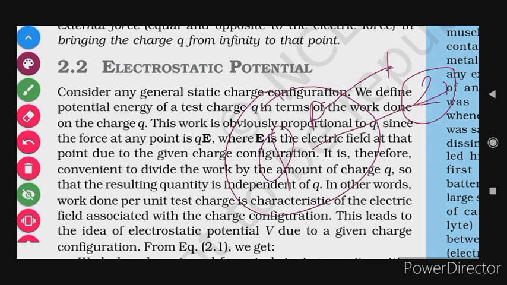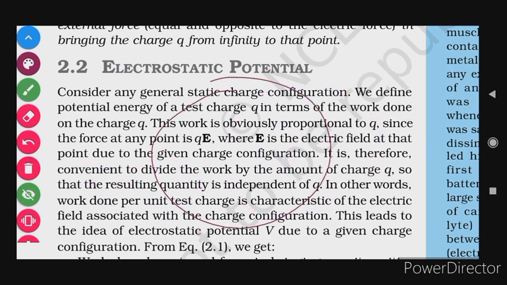As you know from Coulomb's law, force is directly proportional to the magnitude of the two charges. So for a charge of larger magnitude, the work done will be more. The work is proportional to small q, since the force at any point is qE, where E is the electric field at that point due to the given charge configuration.